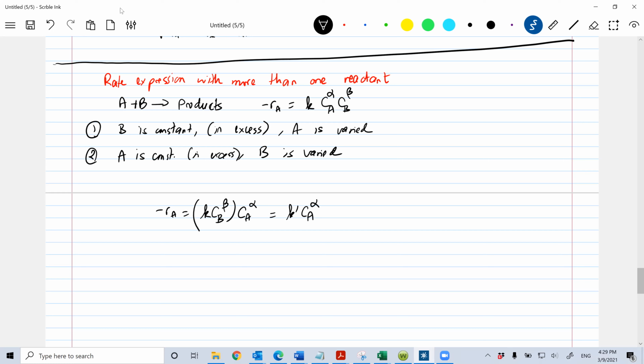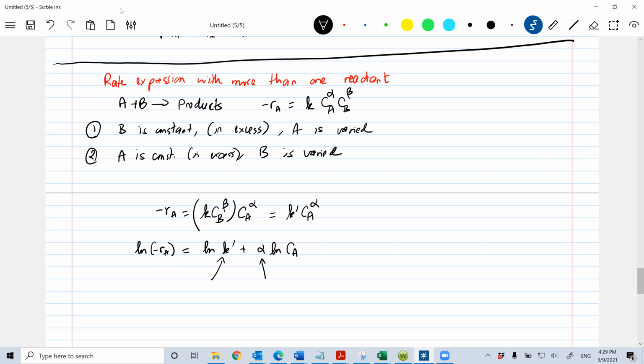We've done this before in some of our examples, where we have excess water for saponification, where the water is at such high concentration, like 52 molar, that it doesn't matter how much of the reactant we react, it won't change. So if we take the log of both sides, we have log of minus RA equals log K prime plus alpha log CA. So we can calculate alpha and K prime.